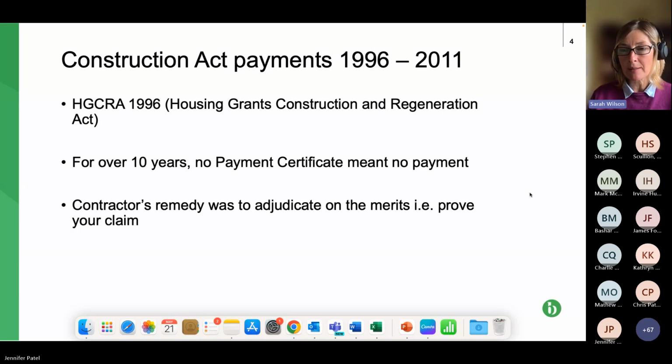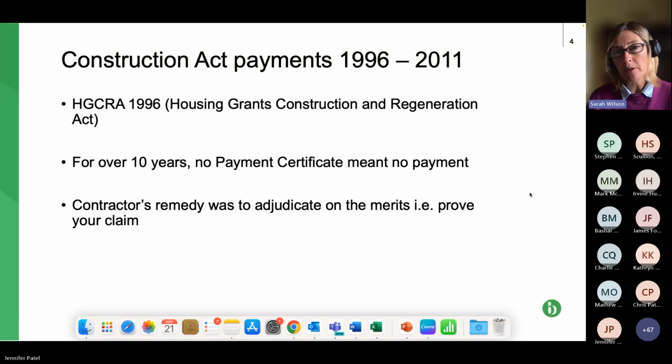payment process, an interim process, rather than, as for most other contracts, you pay at the end. If you buy a car, you pay when you pick it up, etc. Of course, in construction that's not really possible. We need to keep the cash flow going.